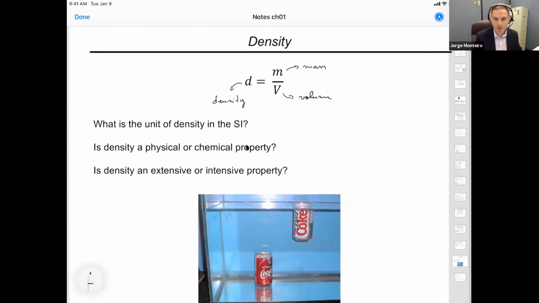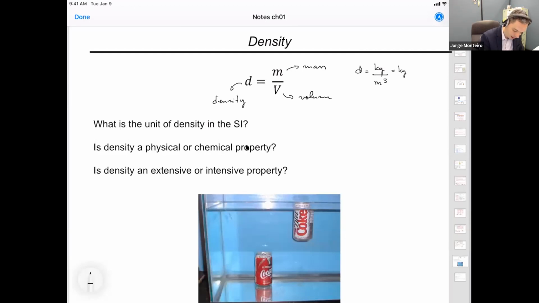Okay, very simple formula. Units in the international system: mass is in kilograms and volume is in cubic meters. So therefore, the unit for density in the international system is kilograms per cubic meter.